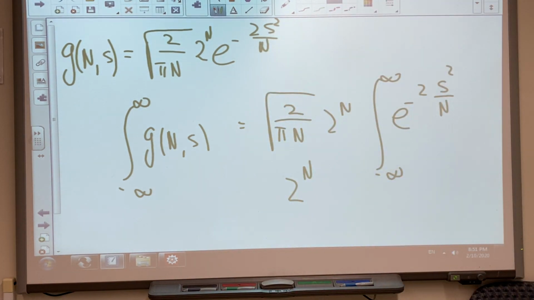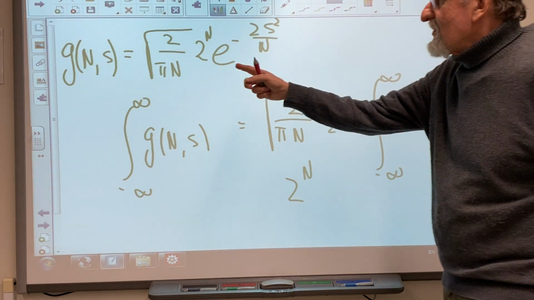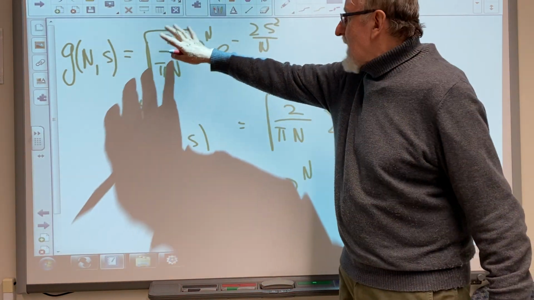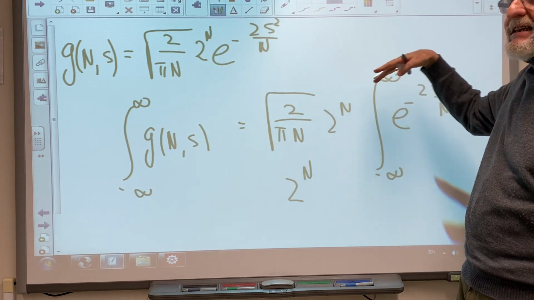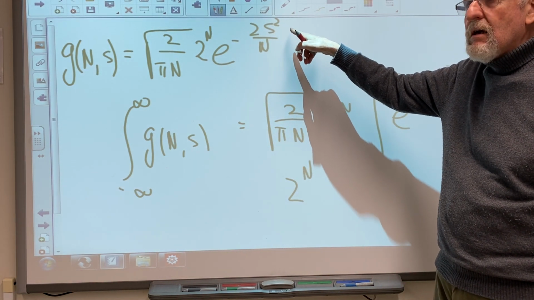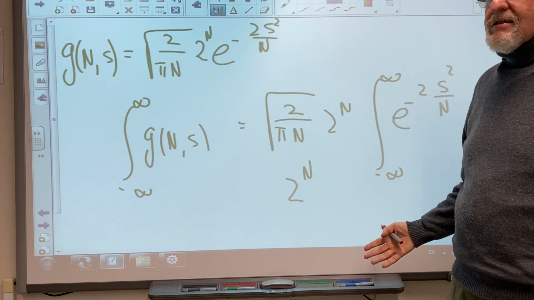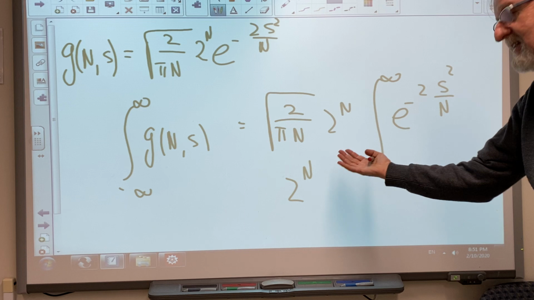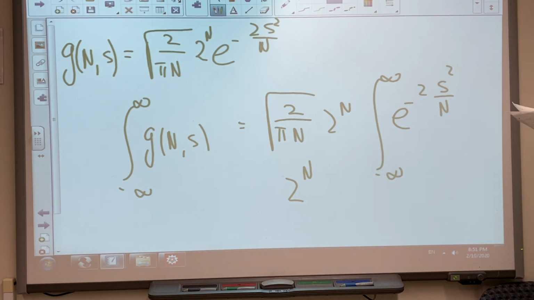So this integral gives you exactly square root of pi n over 2, so this whole sum gives you just 2 to the n. So that means that my Gaussian approximation, in which I write finally the g of n, s as the value of the maximum times something that decays exponentially in s squared, is consistent, because I sum over all states and I didn't cheat, because I get exactly 2 to the n.